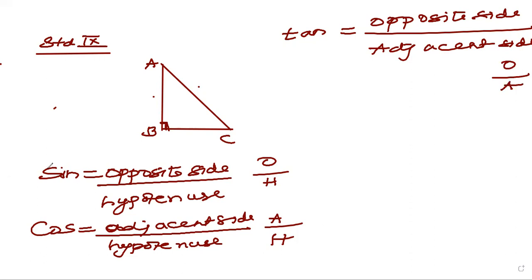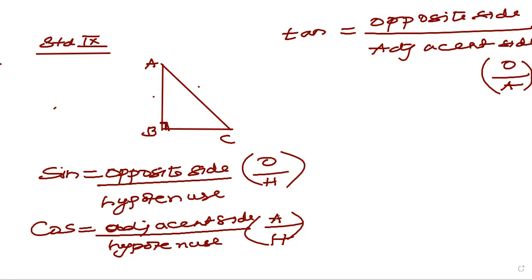So can I say it like this? Sine, cos, tan is O, R, O, A. Sine is O upon H: O for opposite side, H for hypotenuse.